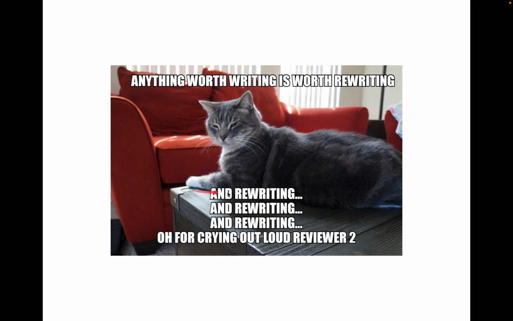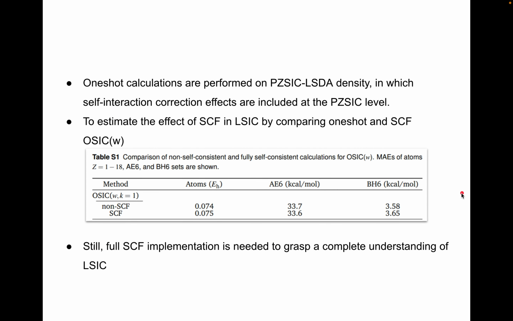So we made two arguments to convince the editors and referees. And here are the two of them. The one argument we made was, although we used the perturbative calculation, the one-shot calculation of LSIC, we didn't perform the one-shot calculation using the DFA density, but instead we performed the one-shot calculation using the PGSIC densities.